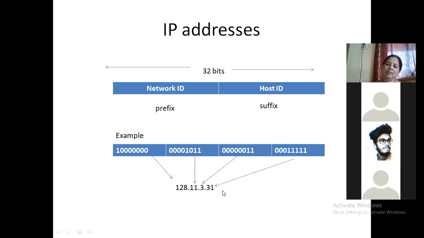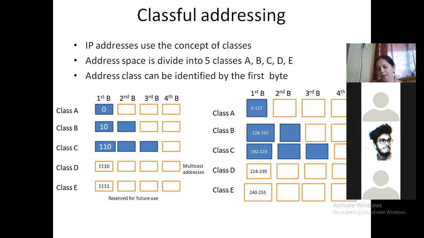Can you all tell me this address belongs to which class? 128 means which class? Class B, correct. That means 2 bytes are used for network ID and the remaining 2 bytes indicate the host ID.